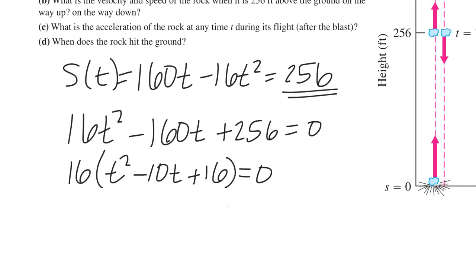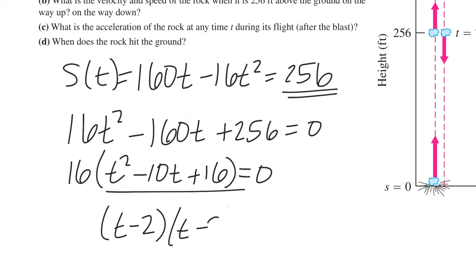And then we can factor this term into t minus 2 times t minus 8. And if we divide everything by 16, the 16 will cancel out on this side, and 0 divided by 16 is still 0.